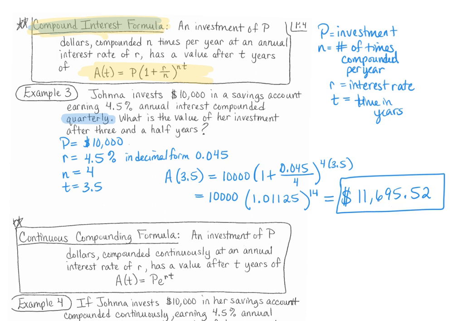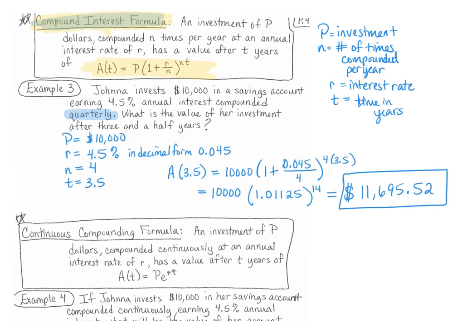But in terms of the investment, if you wanted to make more money, you want the interest rate to be a little bit higher. You want a better interest rate, or you want it to be compounded more. It was only compounded quarterly, 4 times per year. But if it's compounded more, then you can make more money, right? So let's do another concept.